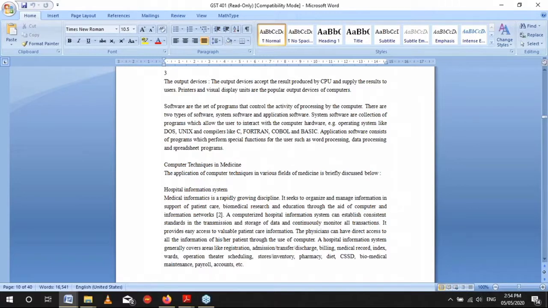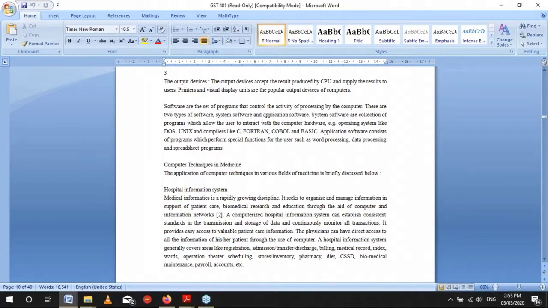These are a collection of programs which allow the user to interact with the computer hardware, e.g., operating systems like DOS, Unix, and compilers like C, Fortran, COBOL, and BASIC.